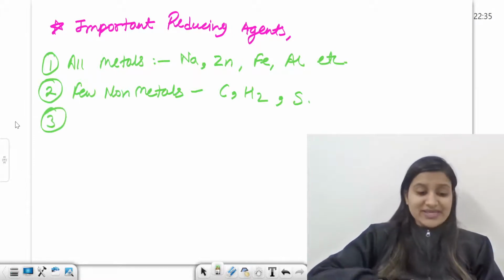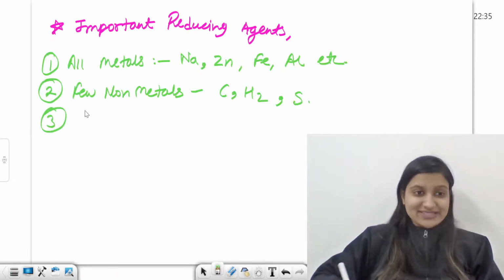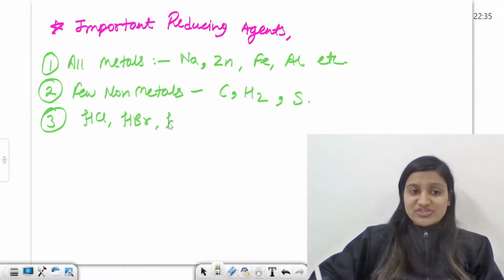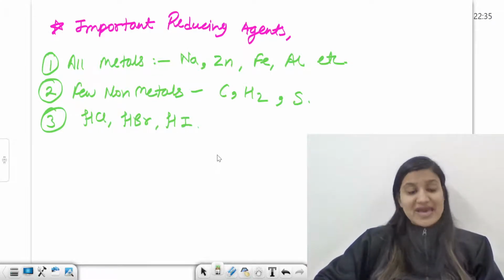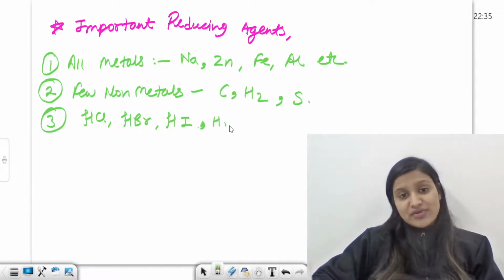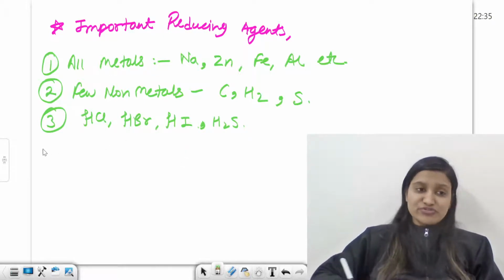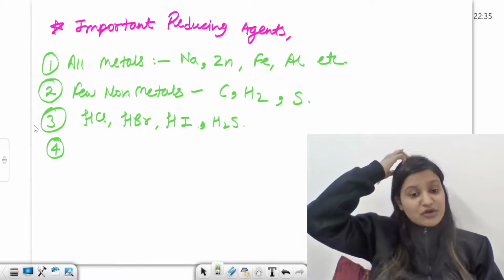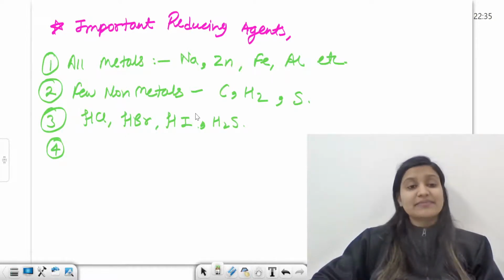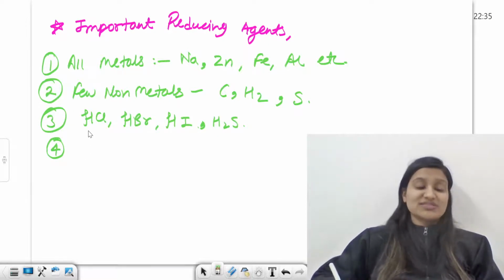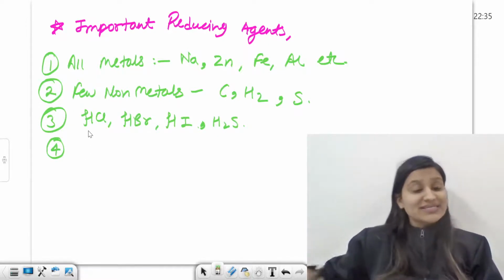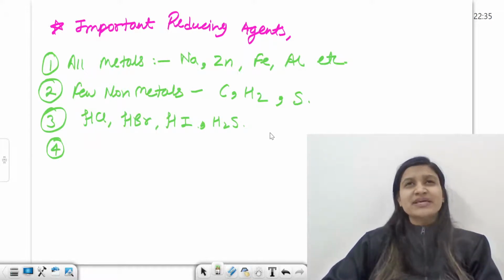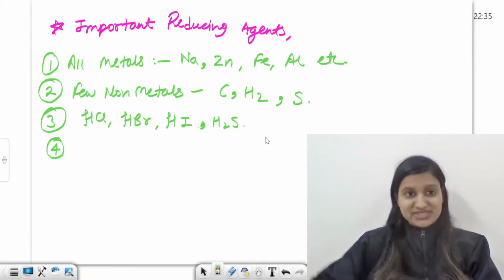Number 3, some hydroacids, such as HF, HCl, HBr, HI. These may also behave as reducing agents. H2S also behaves as a reducing agent. Number 4, a few compounds containing elements in the lower oxidation state. For oxidizing agents, it was the one in which an element was in the highest possible oxidation state.